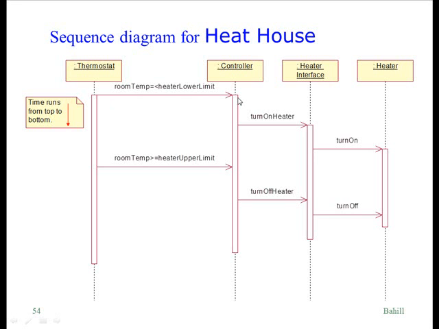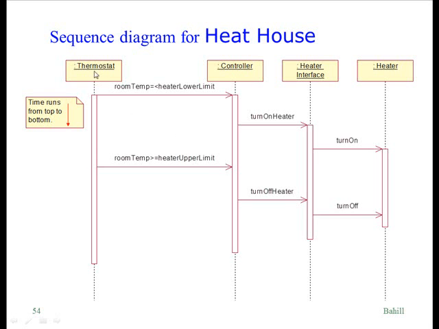The controller gets that signal and takes some finite amount of time to process it. Then it sends a signal to the heater interface saying the temperature is below the heater lower limit, so we have to turn on the heater. The signal takes some time here and then finally goes on to the heater to turn it on. So the heater is on.